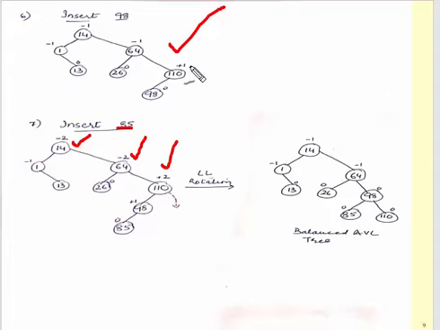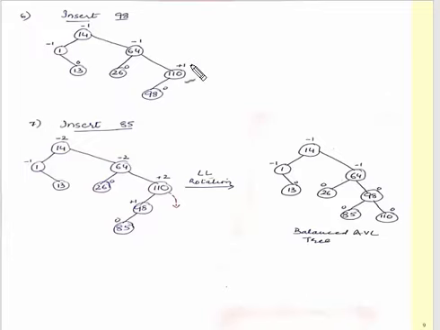Previously this node was left high. Just see, 110 was left high, but after adding node 85, the subtree of this tree has become right high. Just see, now 98 has become right high, and this was left high. Okay, sorry, this is left high.